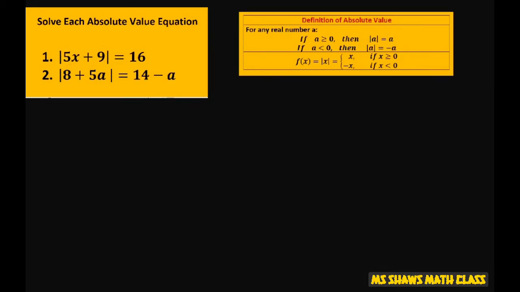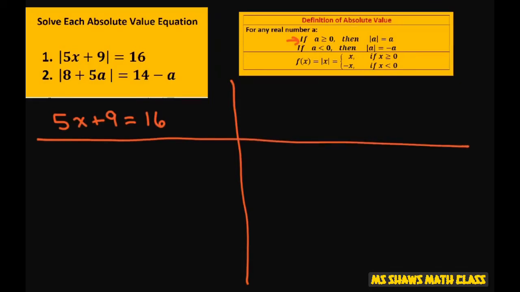All right, next one. We do the same thing. For the positive one, where it can equal 0, we're just going to write it out. 5x plus 9 equals 16. For the negative one, we're supposed to do this one, 8 plus 5a equals 14 minus a.